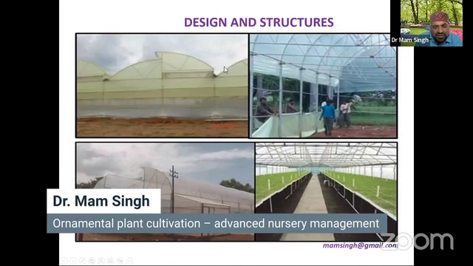Roof ventilation is the key factor here, and the structures can be protected against rains, winds, and low temperature outside and high temperature on top. These structures can be modified to the available climate and can be tailor-made at low cost, though they can also be very costly greenhouses.